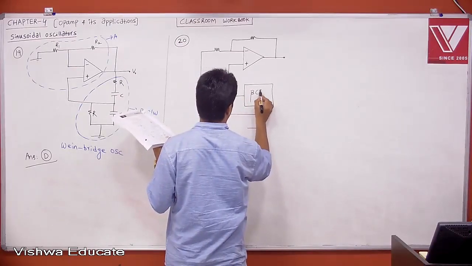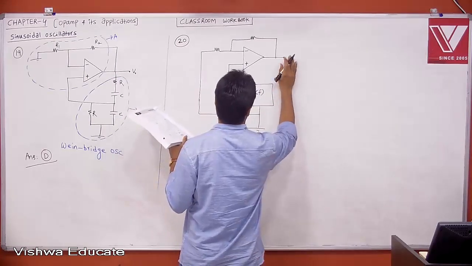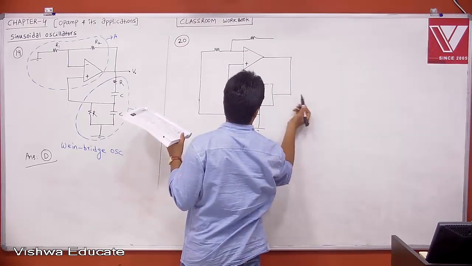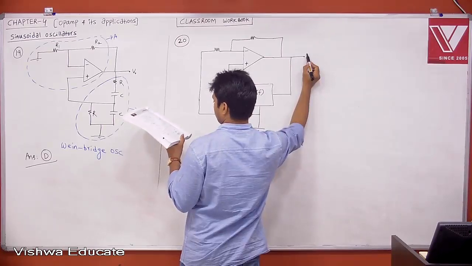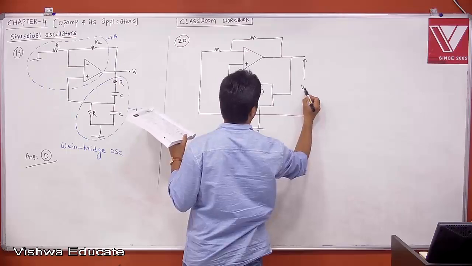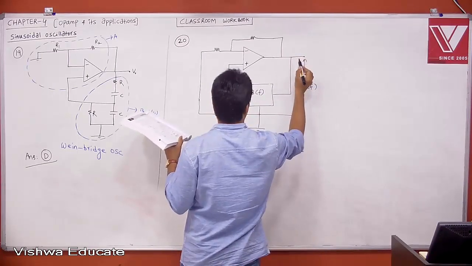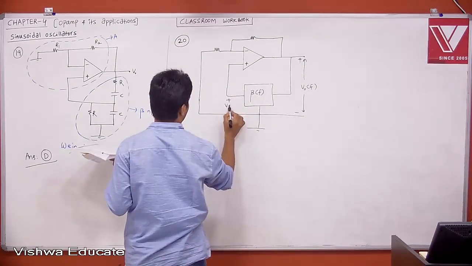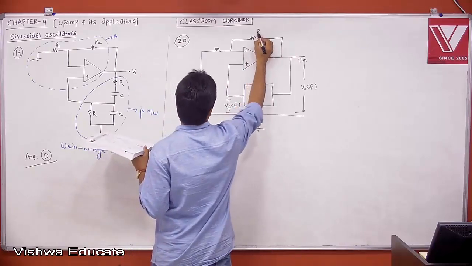This is your beta of f. Then this is the output, this is V naught of f. Now this is plus minus whatever it may be, and this is the feedback quantity Vf of f. Okay. Now this is R2, R1.